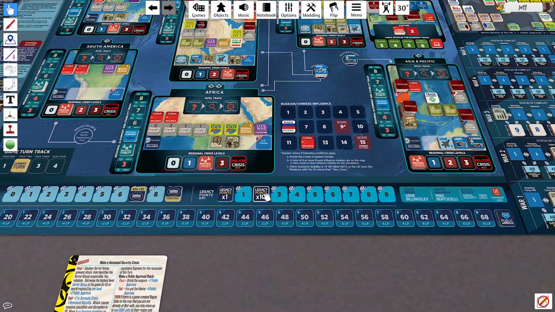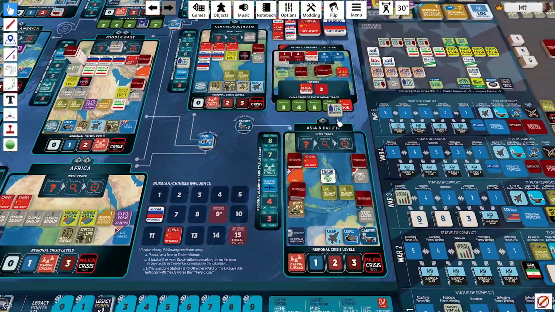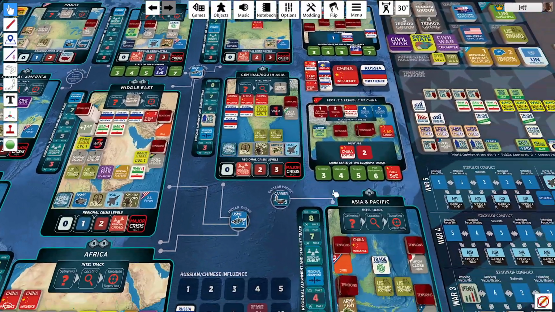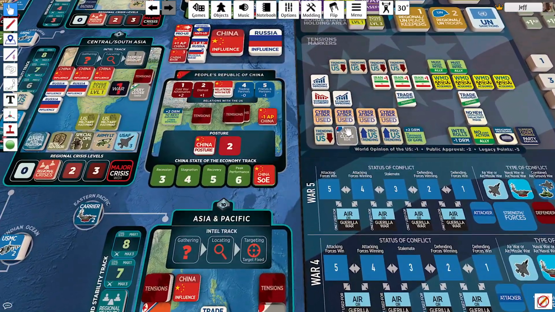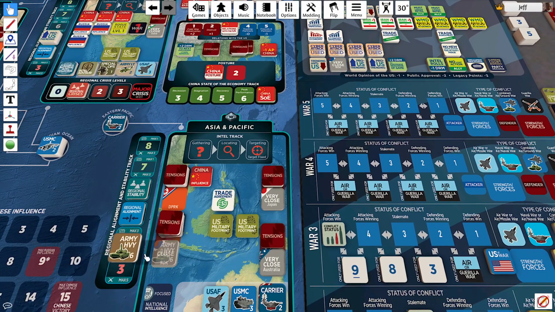So there. Place a trending pro-US in the region. Oh my goodness. They're all the way to the top. South Korea needs a very close.